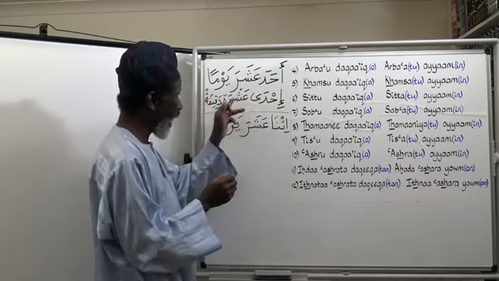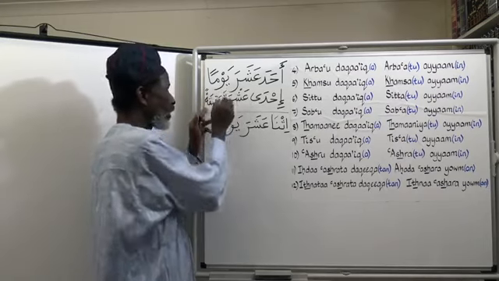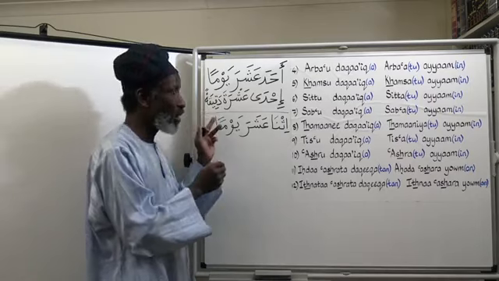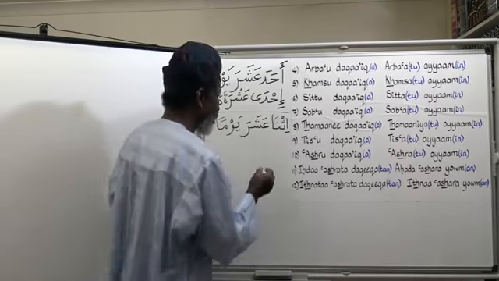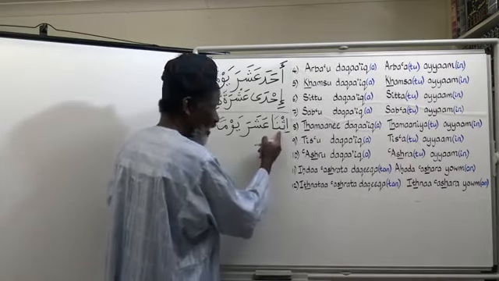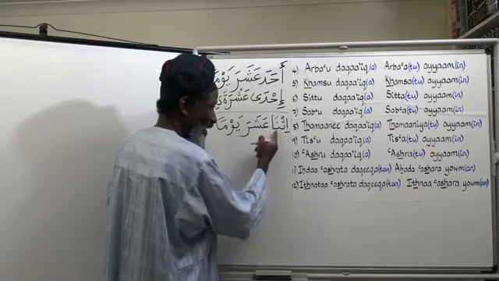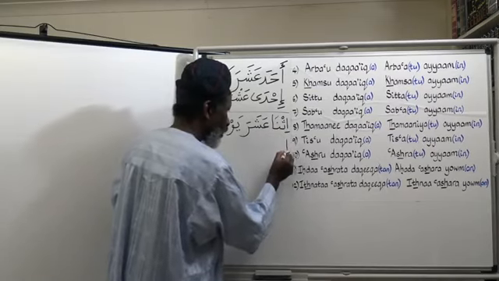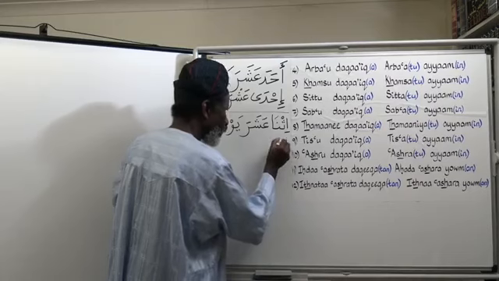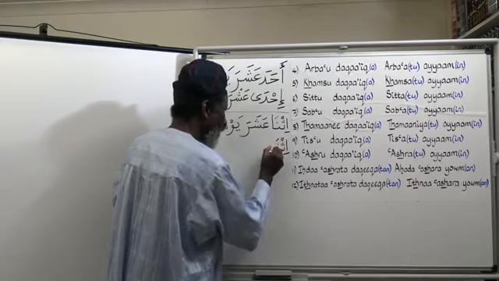We're going to do feminine now. This is إحدى عشرة دقيقة, 11 minutes. We're going to do 12 minutes now. So we're going to use the feminine version of this, إثنتا.